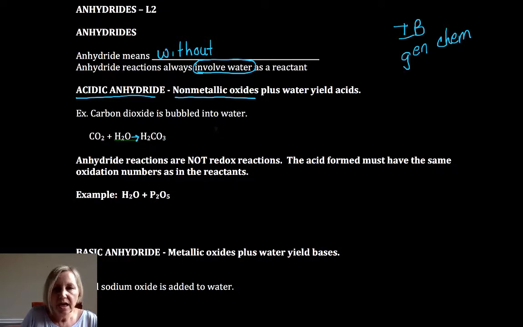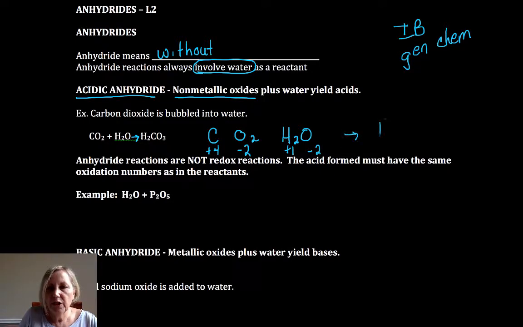Now, if we assign oxidation numbers, the C in CO2 has an oxidation number of +4. The oxygen is a -2. The hydrogen in water is +1, the oxygen -2.